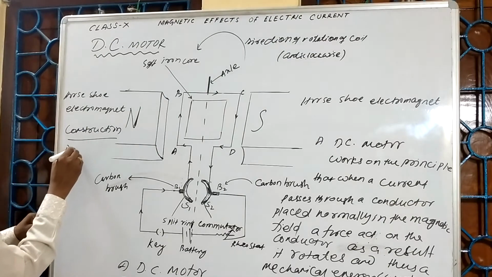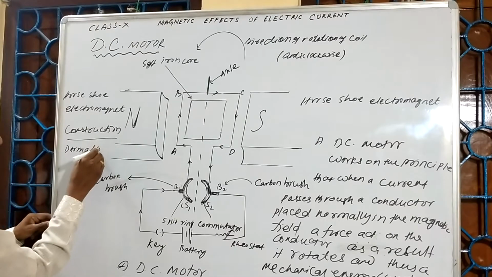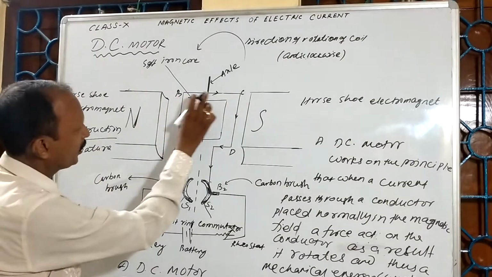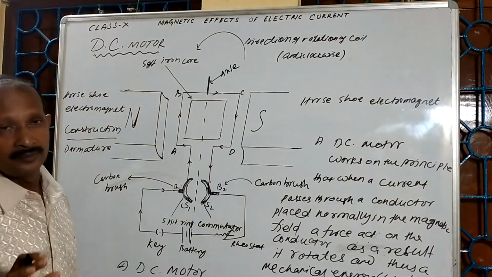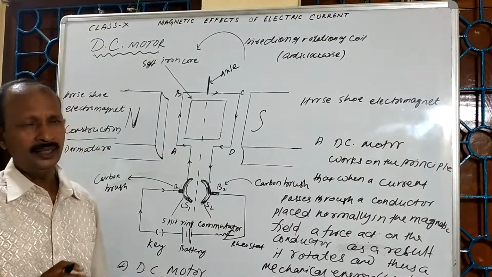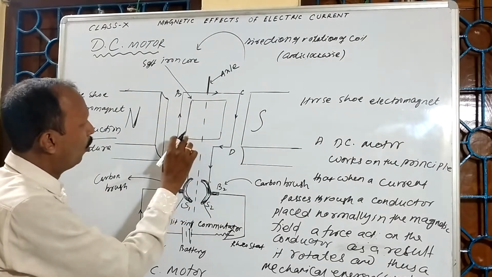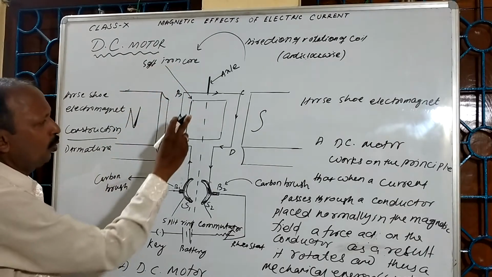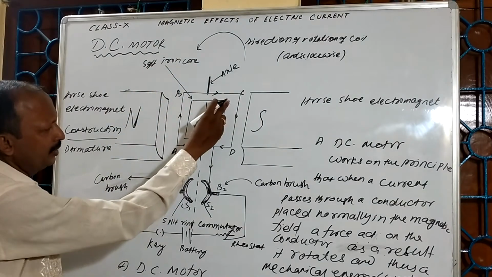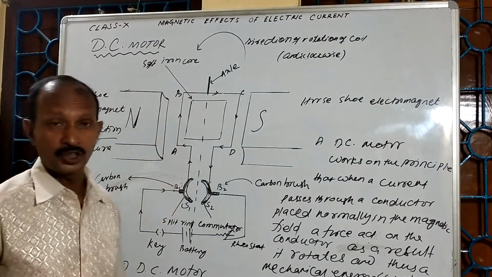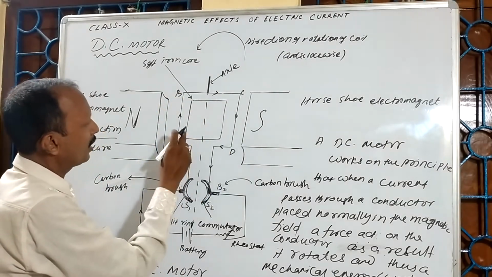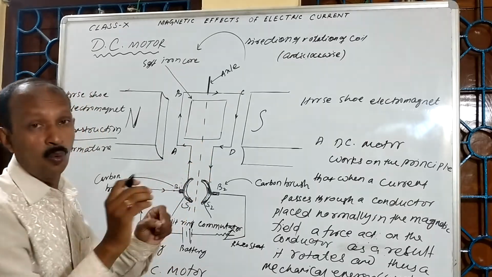First one is the armature. What is this armature? It is nothing but a rectangular coil. Practically, this coil is wound on a soft iron core. This is just like a rectangular iron sheet on which the copper coil is wound.